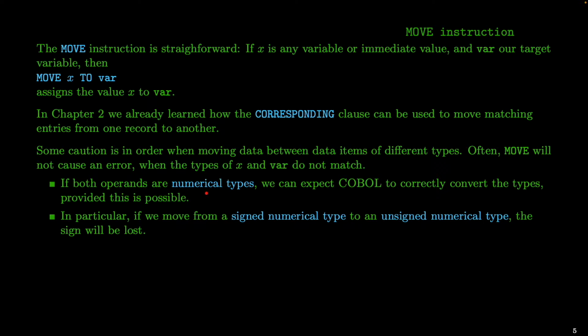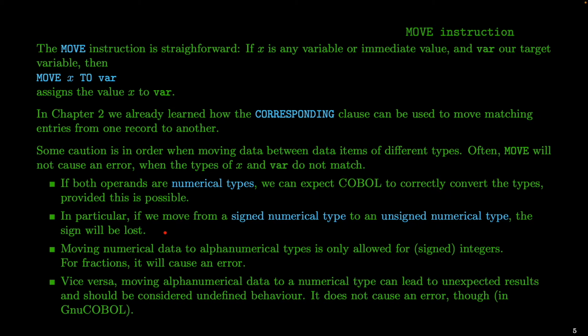If both operands are numerical types, then usually COBOL correctly converts the type of x into the type of var, provided this is possible. For example, it is not possible if we move a signed numerical type to an unsigned one, because in that case we will lose the sign. So this would be an operation that will not cause an error, but would give us a faulty result.